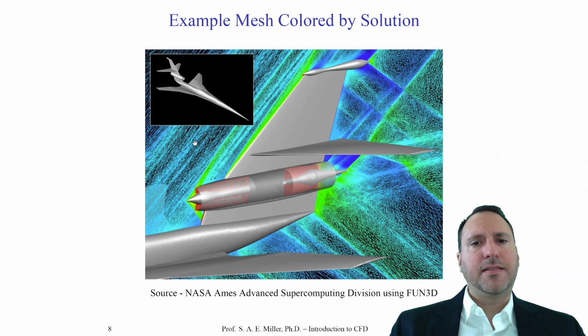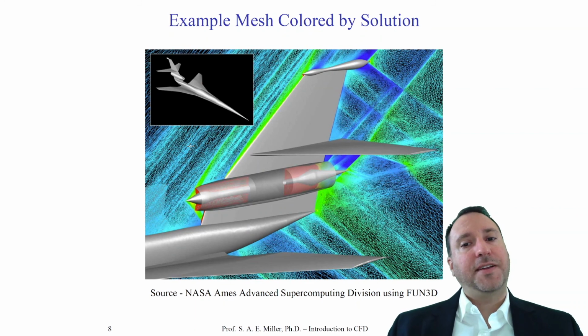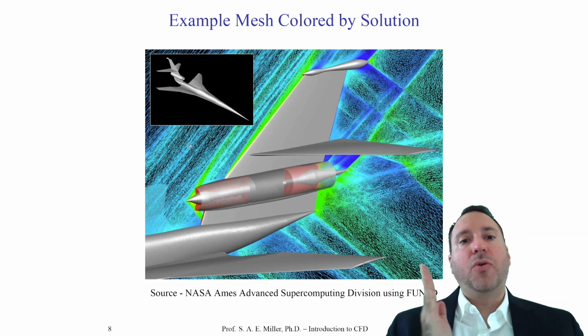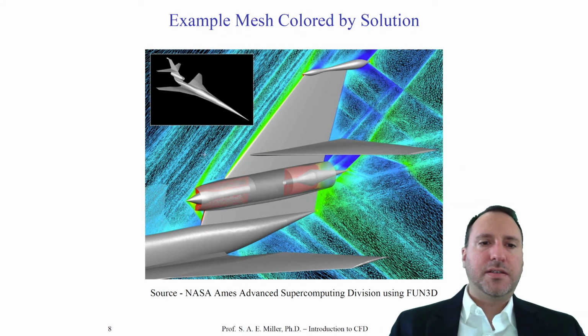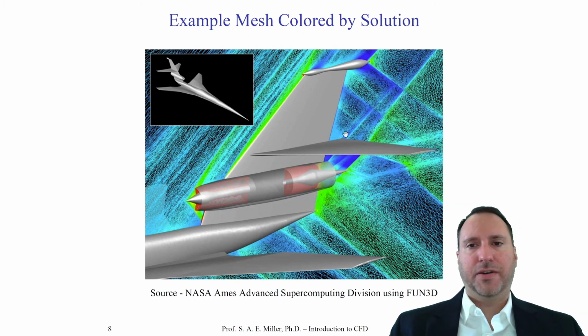Now you can see that this particular computational domain has a lot of grid points and connectivity. What is interesting is that it's only a plane of the entire computational domain. The actual computational domain might contain 100 million grid points and associated connectivity. Now, this grid is not a very isotropic or homogeneous grid.